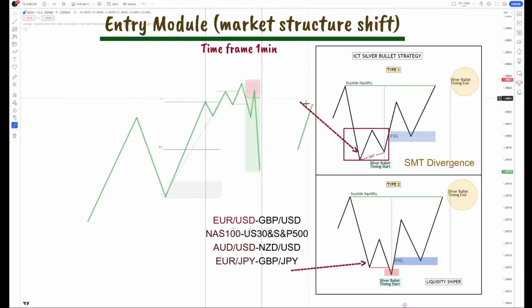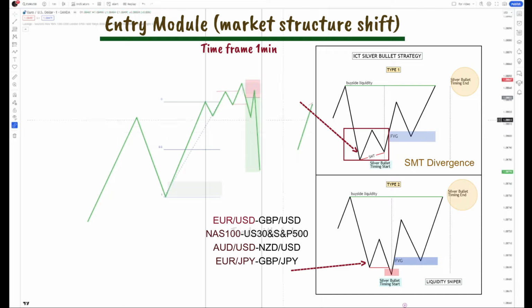For instance, here is a divergence. We have divergence here and we have divergence here. So once you have this, this is manipulation. You don't need to worry anymore. You have confidence in the very setup you have in this time period.